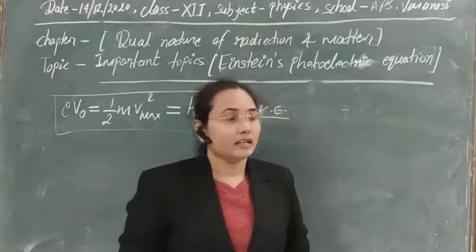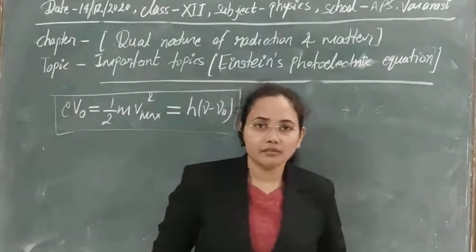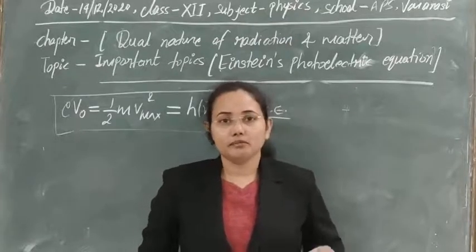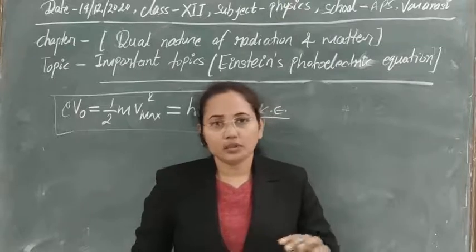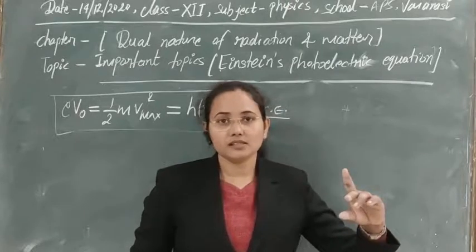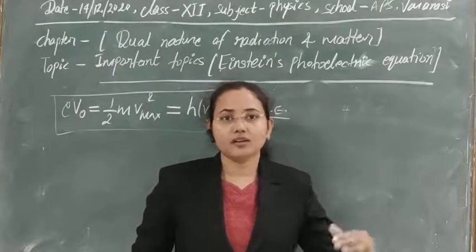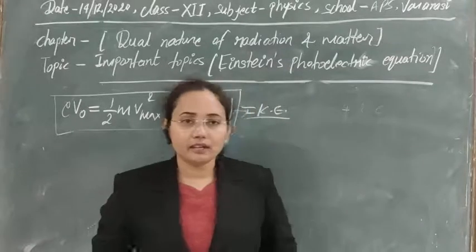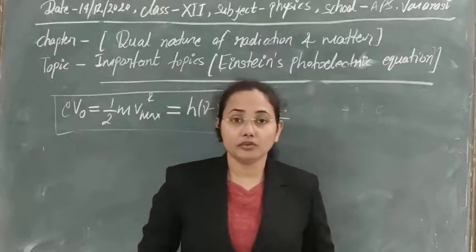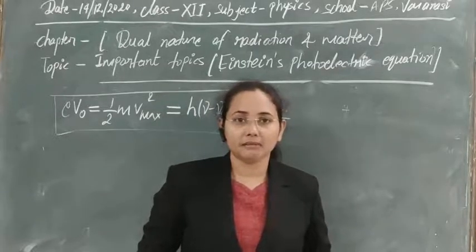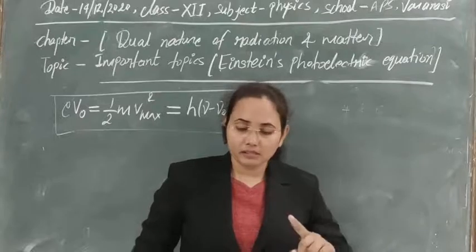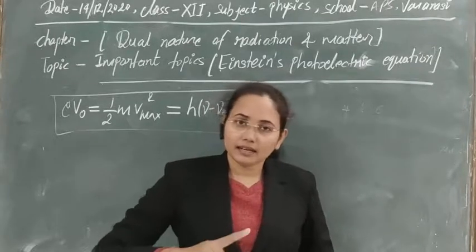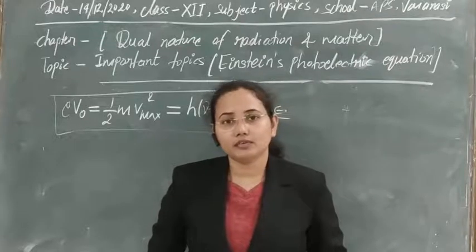The third law: here we have taken the concept of perfectly elastic collision, and we know that in a perfectly elastic collision there is no time lag between the collision or scattering of that particular particle or mass. It means that when a photon is incident on any metallic plate, it transfers its energy to the electron, and at the same time the electron is ejected from the system.